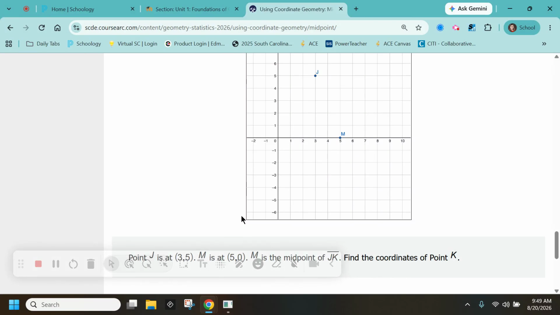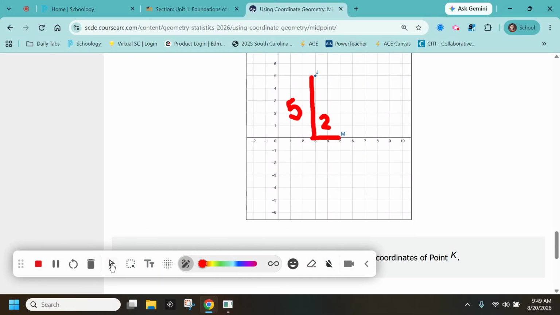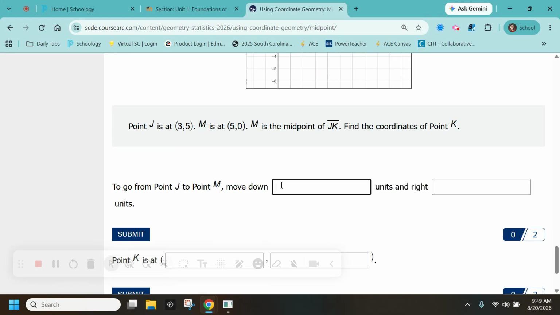And so I'm going to start by tracing a path from point J to M. So I'm going down 1, 2, 3, 4, 5. And then to the right 2. So we move down 5, right 2.